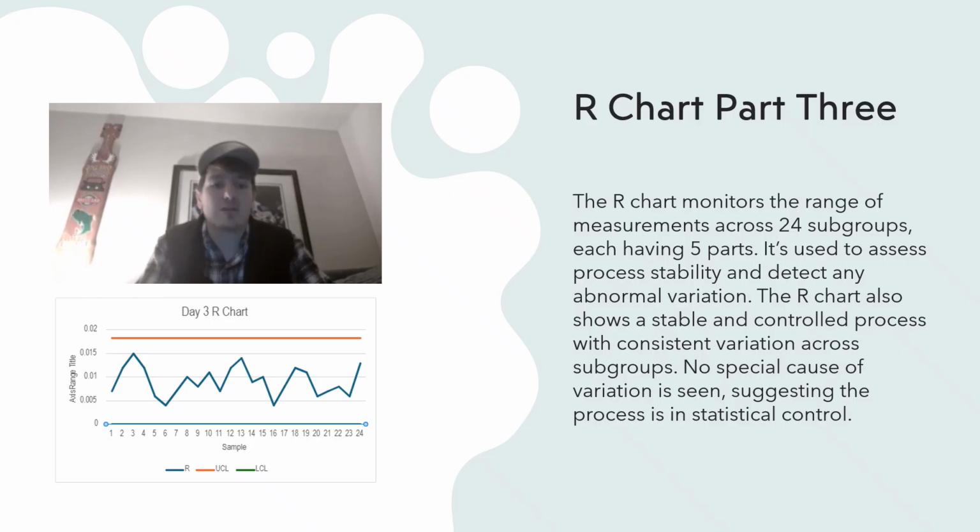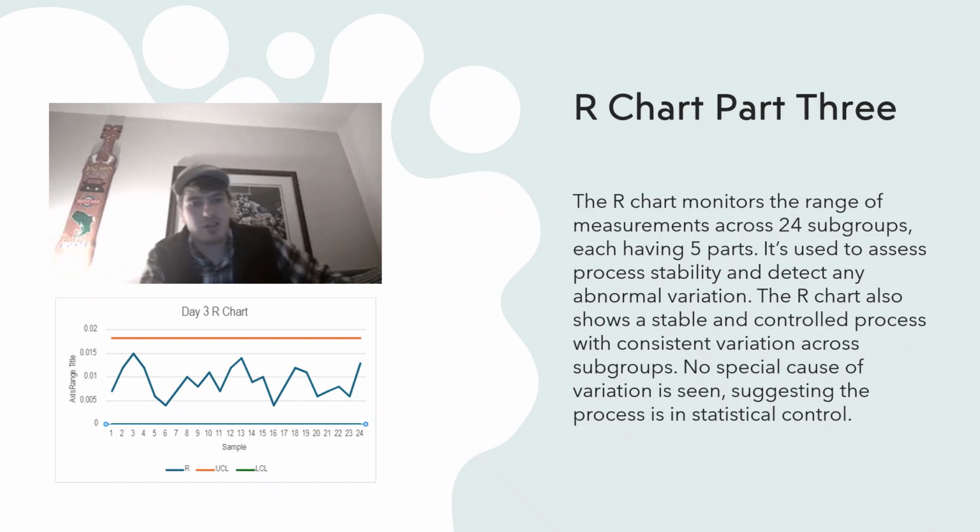So lastly, for my presentation, we're going to discuss the R chart for day 3. The R chart for day 3 monitors the range of measurements, again, across 24 subgroups, each having 5 parts. It's used to assess process stability and detect any abnormal variation across this chart.